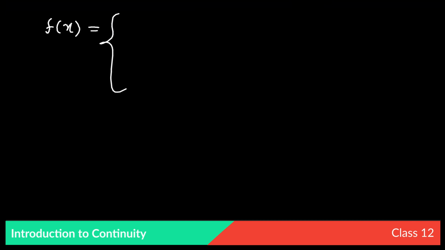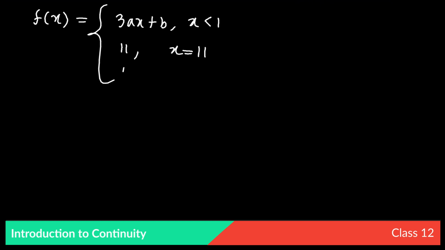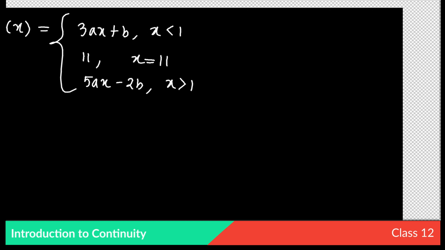So what it is saying: f(x) equals 3ax plus b when x is less than 1, 11 when x is equal to 1, and 5ax minus 2b when x is greater than 1.